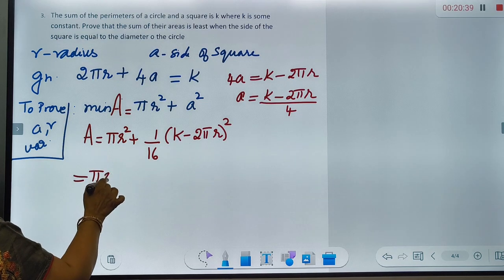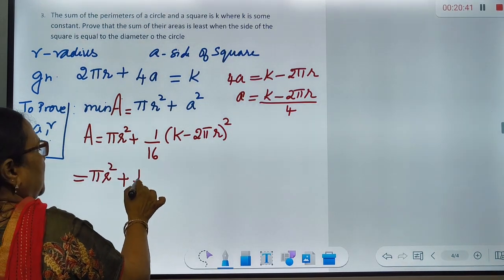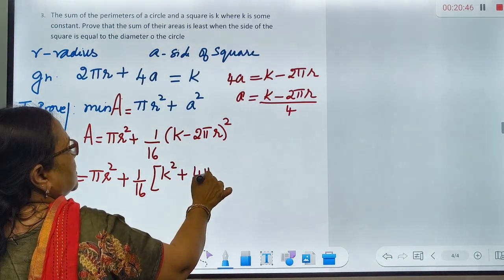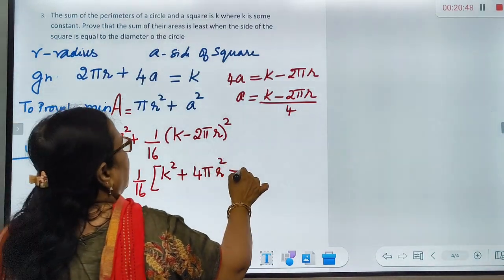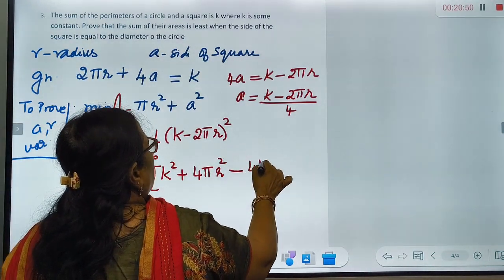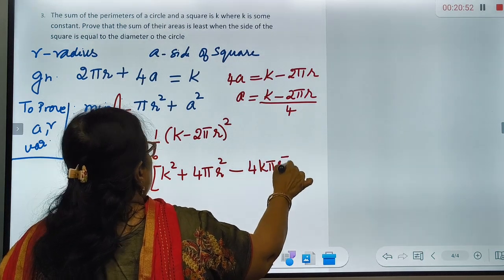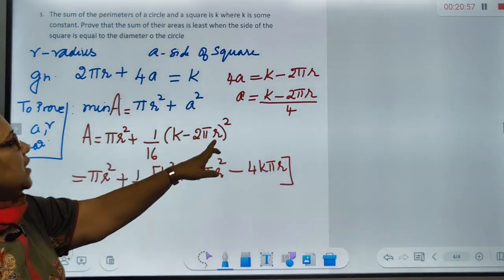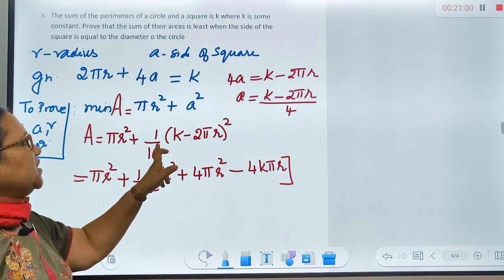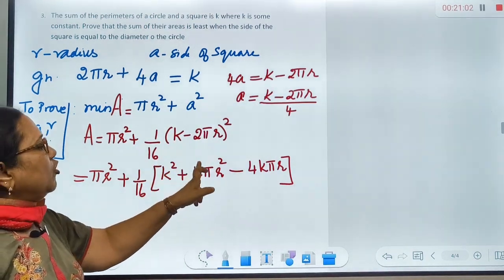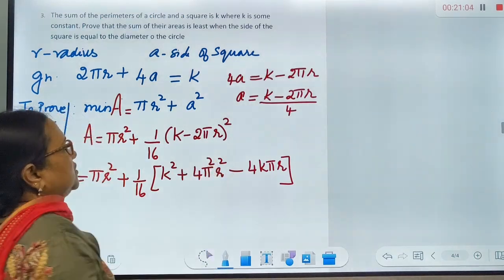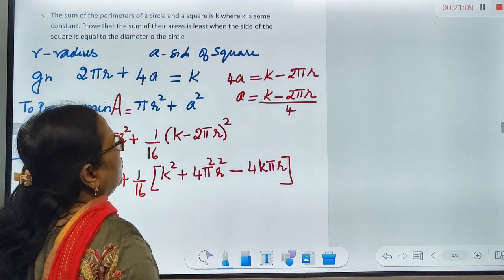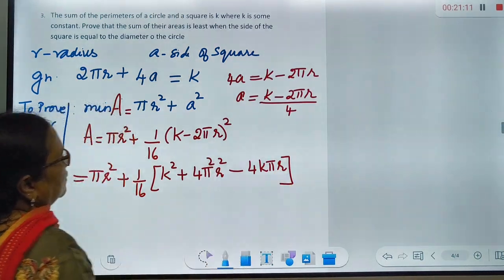This is pi r square plus 1 by 16 into (k square plus 4 pi square r square minus 2k into 2 pi r). 2k into 2 pi r is 4k pi r.